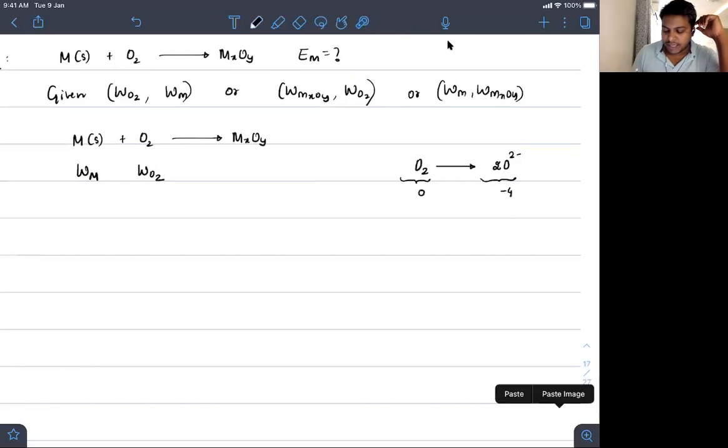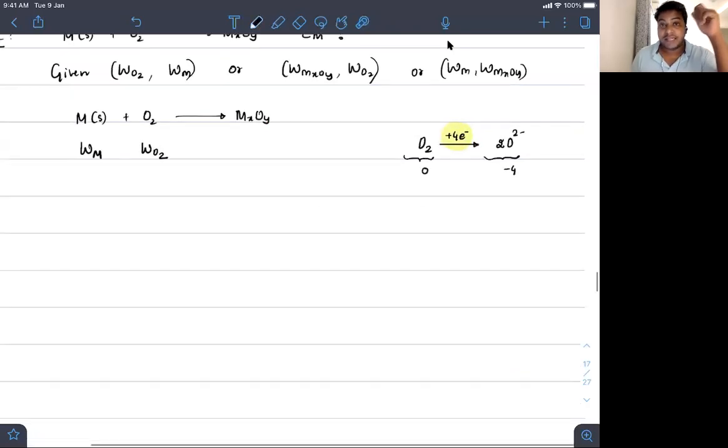Which means it must have accepted 4 electrons, correct? So the number of electrons oxygen is accepting is always the valency factor or the N factor. So therefore, equivalent weight of oxygen will be equal to molecular weight of oxygen divided by 4, which is 32 divided by 4 comes out to be 8.